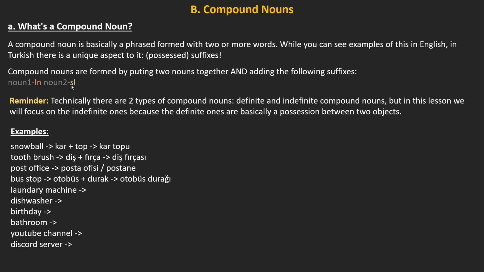We don't need the S because K is a consonant, it doesn't end in a vowel. So otobüs durağı. If I say otobüsün durağı, that will make it definite. It will sound like the bus's stop, as if we are talking about a specific bus.